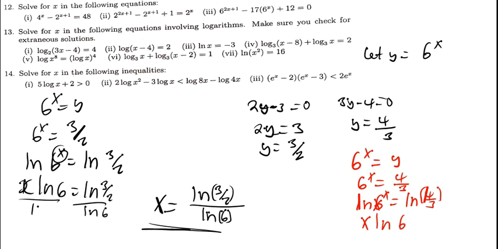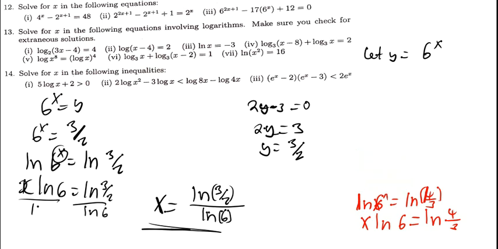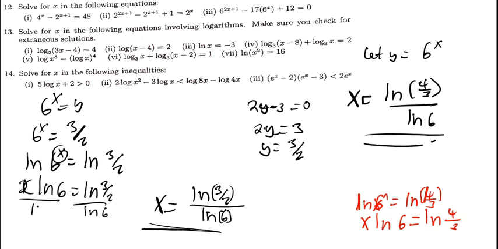Now I divide both sides by ln 6, so x will be equal to ln(4/3) divided by ln 6. That's the answer. So the answer is this one and that one.